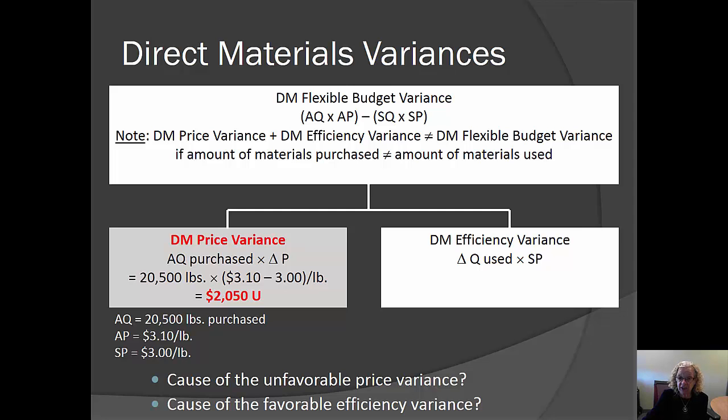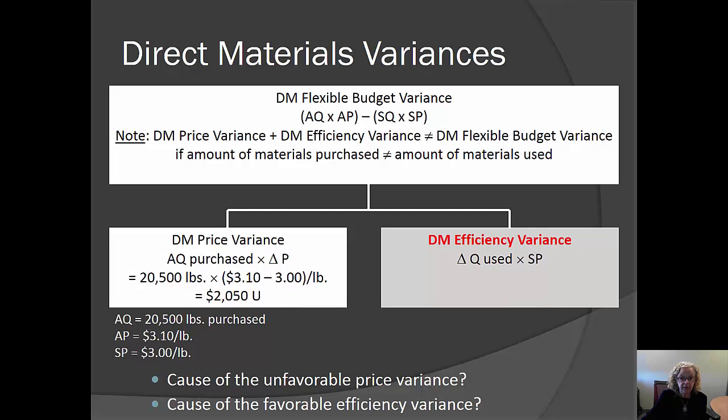To compute the direct materials efficiency variance, we're going to use the standard price. In other words, we're saying, let's assume there was no price variance. In that case, how much dollar difference did it make to us that we used a different amount than we expected?